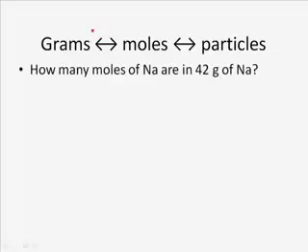So let's see in doing this. To transition between grams and moles, basically what we're going to do is use the average atomic masses off of the periodic table. Up to now, we've been dealing with the mass of a single atom or a molecule, small particles, small masses, and so we use atomic mass units.